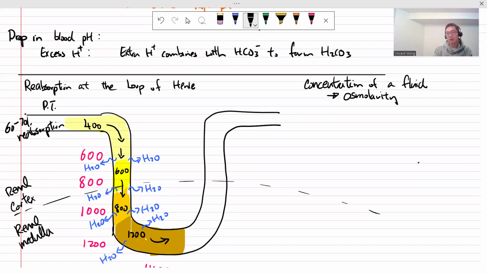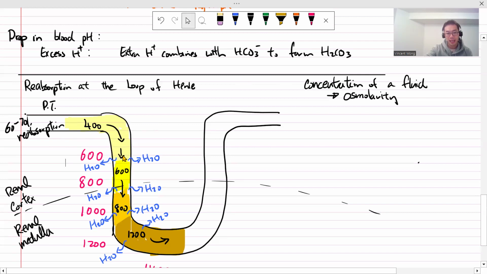Maybe it's gonna be 1,000 instead of 400 over here, right? And then it basically is just gonna destroy your kidney. It will draw all the water out from it, and then you will end up dehydrating even quicker. Okay, so a lot of things you can understand now just by thinking about the numbers. Okay, the numbers in the filtrate will change, but the numbers in the surroundings, they don't really change too much.